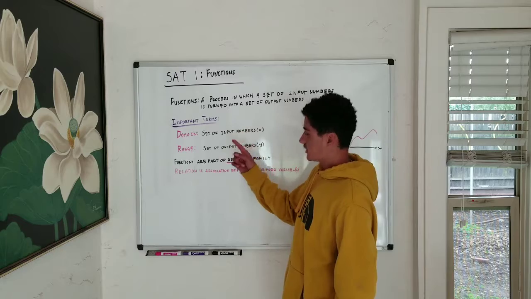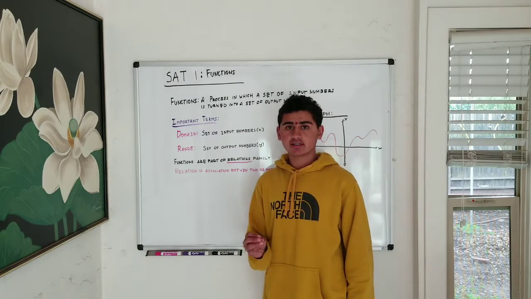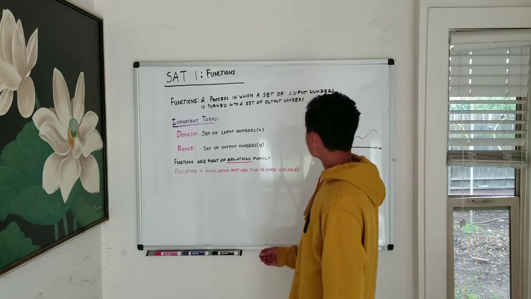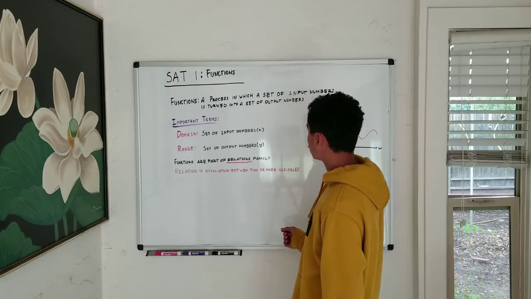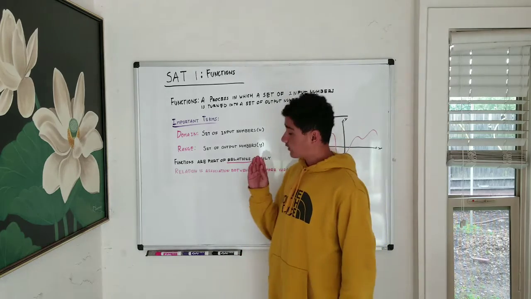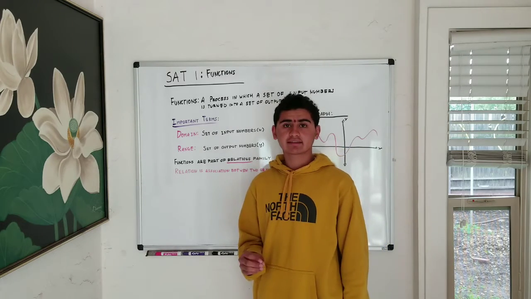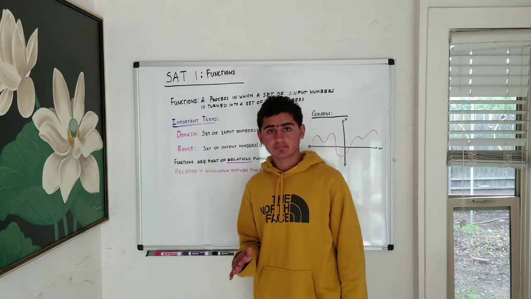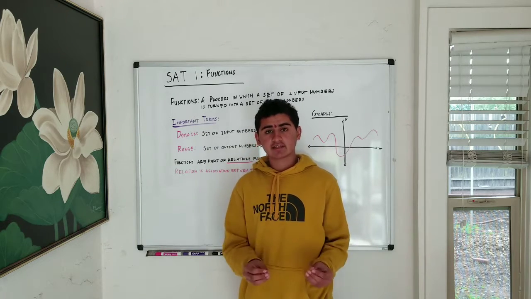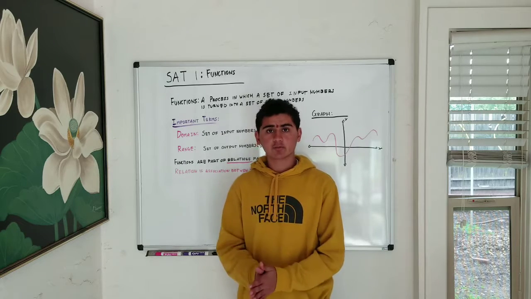So if I were to describe a function in some words, I would describe it as a process in which a set of input numbers is turned into a set of output numbers. Now, this is a very on-point definition because everything about it is true. A function is basically when, if given an x value, there's always going to be a corresponding y value.